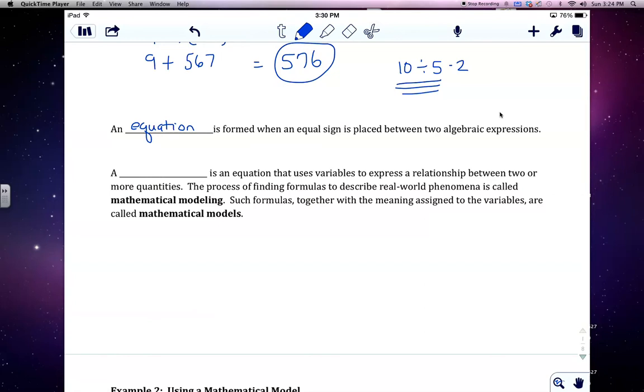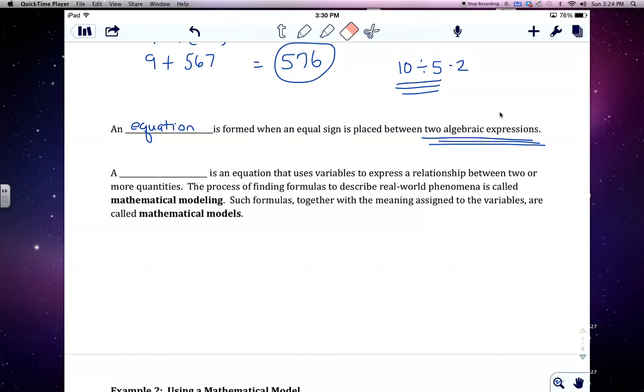An equation is when you have two algebraic expressions and there's an equal sign in the middle. So this would be an equation. Here's an algebraic expression, here's another algebraic expression, and an equal sign in the middle. That's an equation. If I just have this, that's an algebraic expression. That's not an equation. You don't solve that. You would solve the equation. Okay, so we'll do that later on.